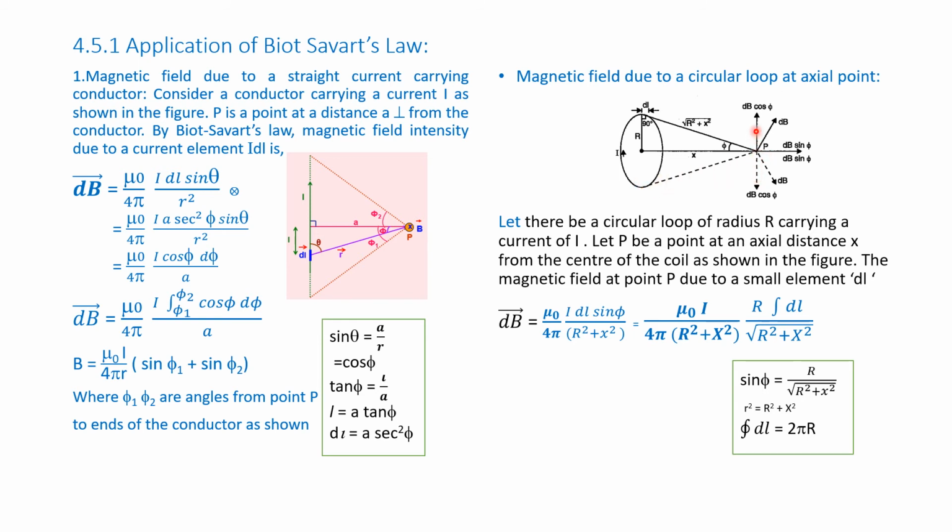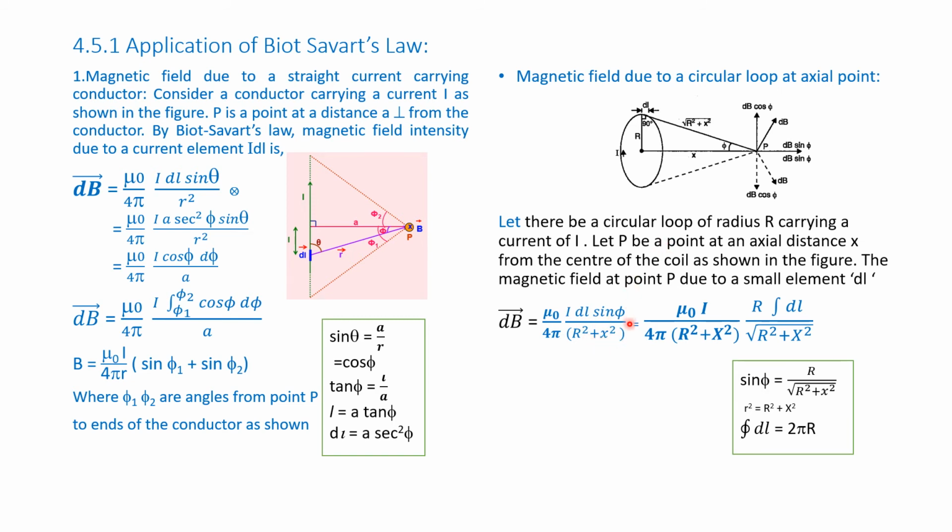Therefore, the vertical components, because of the same magnitudes, get cancelled. The up gets cancelled with the down, but the horizontal components dB sin phi and dB sin phi get added up. Therefore, we have to find only dB sin phi. Therefore, dB is given by mu naught over 4 pi I dl sin phi divided by r square plus x square.